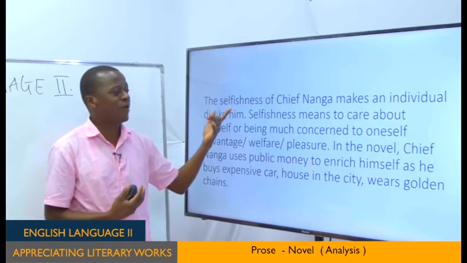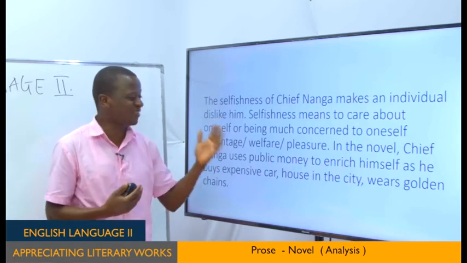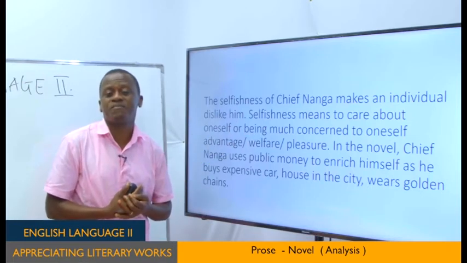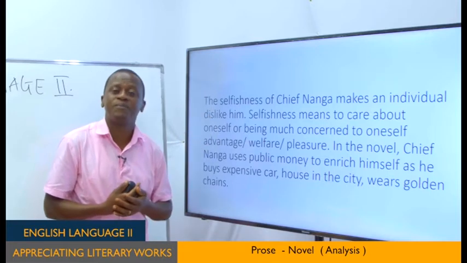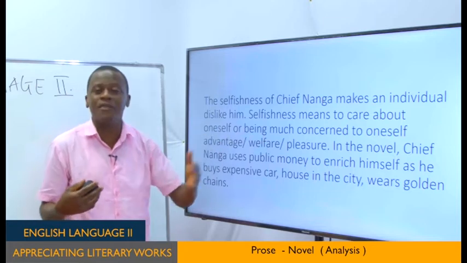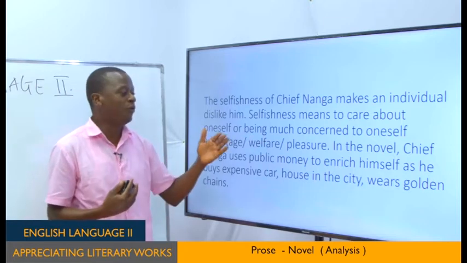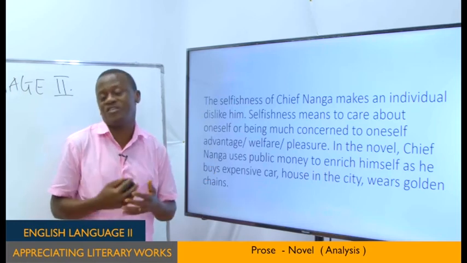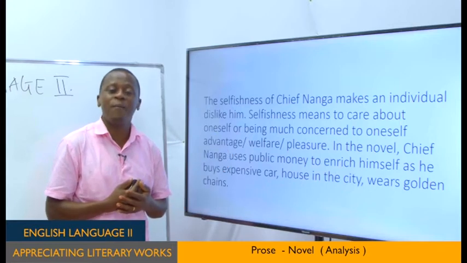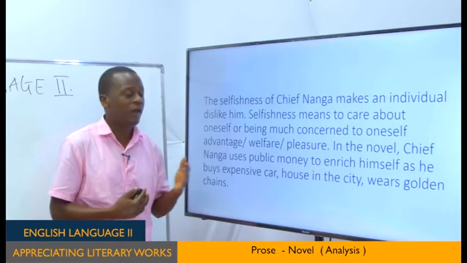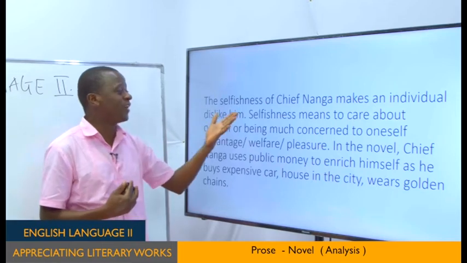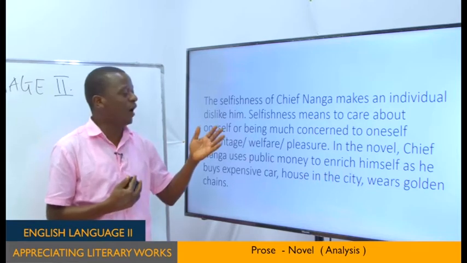Now, this behavior of being selfish is something that needs to be rebuked. People should stop this behavior. People should get concerned about the welfare of others. Then we will be building a society which is just, a society which will be prospering, where everyone finds a reason as to why he or she lives in that particular society. In other words, Chifranga entertains classes.